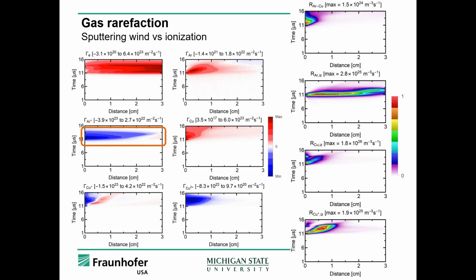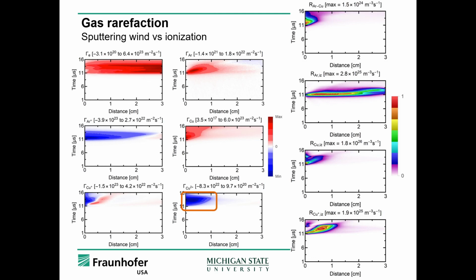For singly charged copper ions, due to the copper atoms sputtered from target surface have an initial velocity away from the target, the copper ions ionized far from the target have a chance to overcome the pre-sheath potential and leave. For doubly charged copper ions, due to their stronger confinement in the pre-sheath, it's difficult for them to leave.